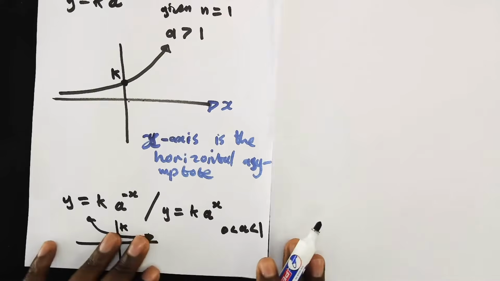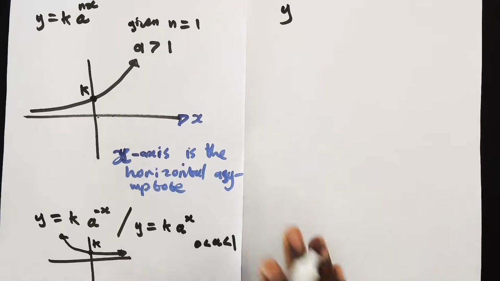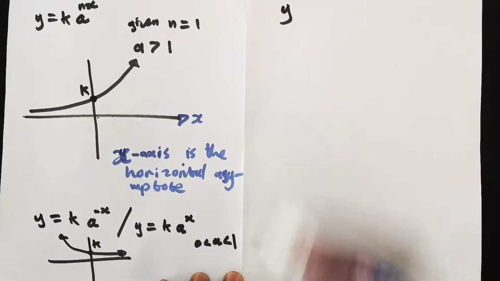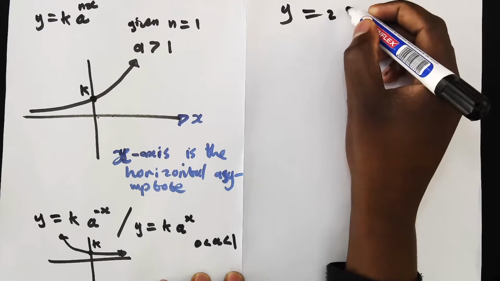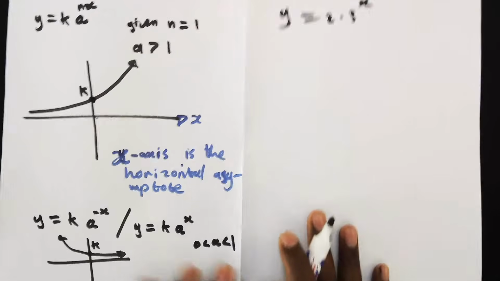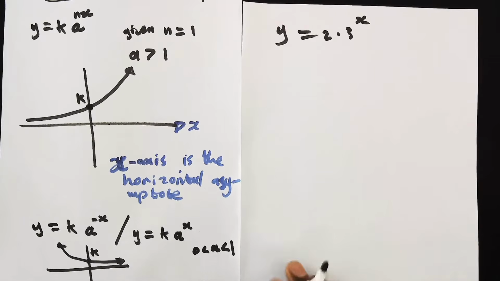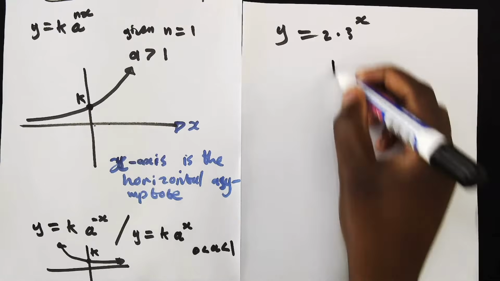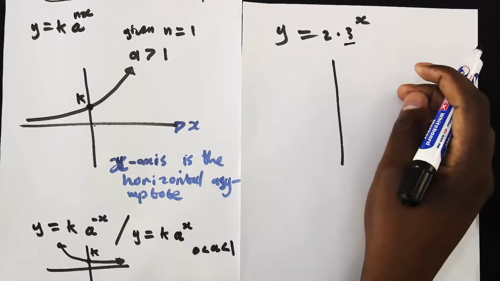So those are exponential functions. Let me give an example. Let's say y equals 2 times 3 to the power of x. Plotting this function without wasting time, we inspect the base that is carrying x.